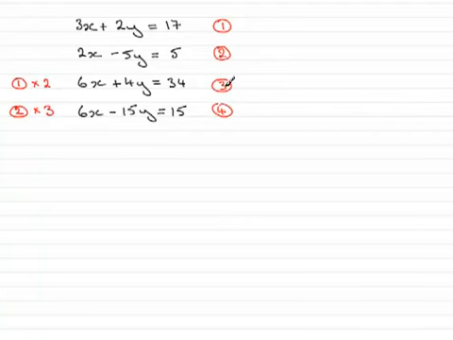What you'll notice in equations 3 and 4, I hope, is that the x terms are exactly the same, both 6x. When we have two terms that are exactly the same, we can eliminate that term from both equations by subtraction, by subtracting equation 4 from equation 3.